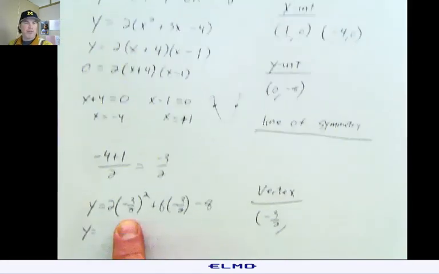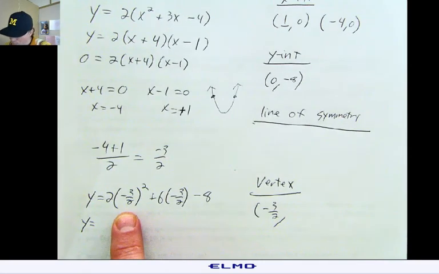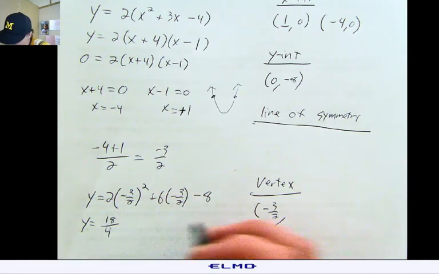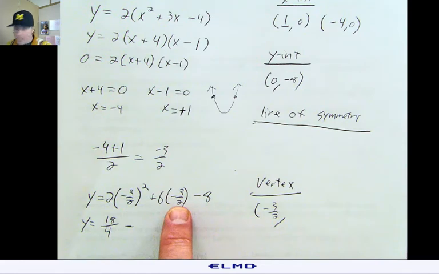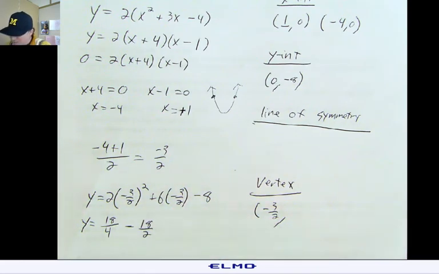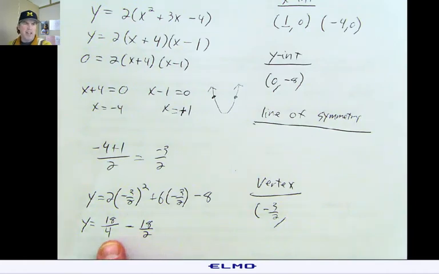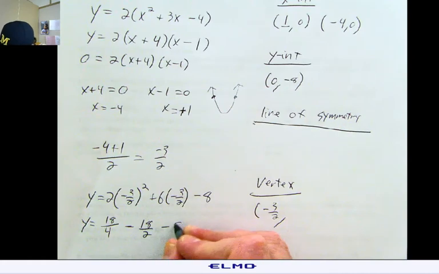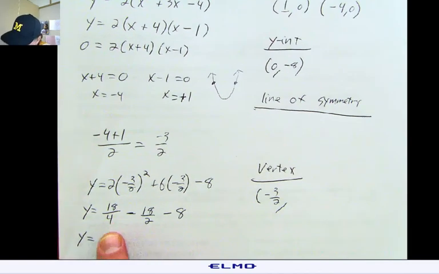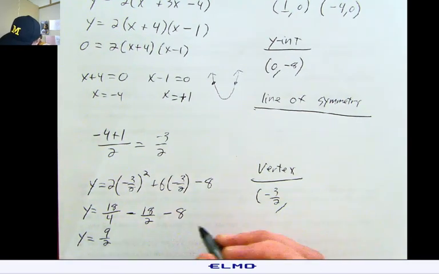Let's see, negative 3 over 2 squared is 9 over 4. 9 over 4 times 2 is 18 over 4. Minus 6 times negative 3 halves is negative 18 halves. It's negative 9, but I need the fraction to work with a common denominator here. Minus 8. Looks like I can go with a common denominator of 2. 18 over 4 simplifies to 9 over 2.